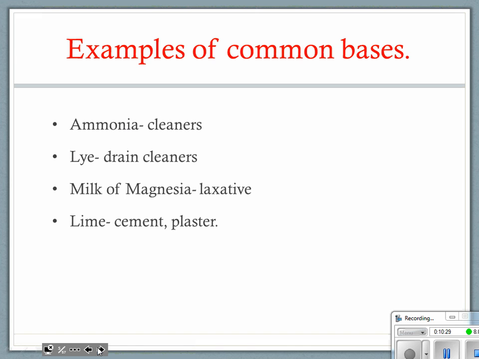We just talked of milk of magnesia. We used that in the lab demo the other day. That is a laxative. And lime is another one. It's present in cement and plaster. So those are some common bases.